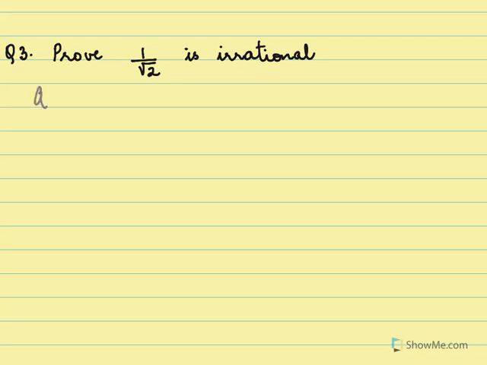Prove 1 over under root 2 is irrational. So assume 1 over under root 2 is rational.